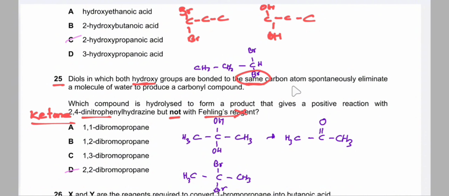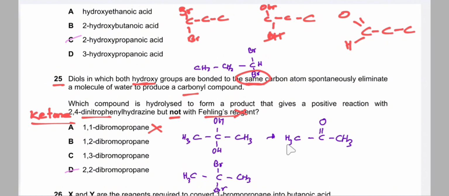Yes, they are attached to the same carbon atom, so they can spontaneously eliminate a molecule of water to form a carbonyl compound. So this molecule eliminates water. As it removes water, OH is removed from this carbon and H from this part. Here an aldehyde is formed, but the product is not an aldehyde, the product is a ketone, therefore this is wrong.